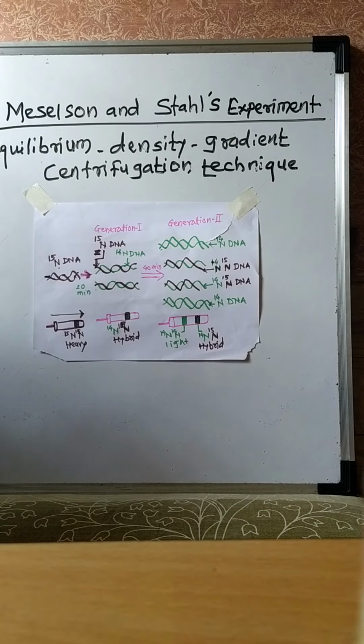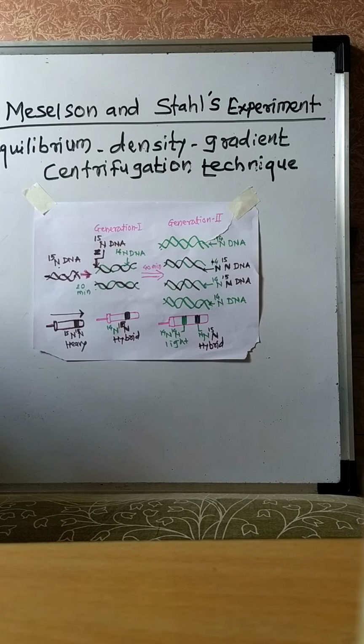Then in the next part of the experiment, the heavy N15 DNA can be distinguished from the normal DNA by centrifugation in the 6 molar cesium chloride solution density gradient.